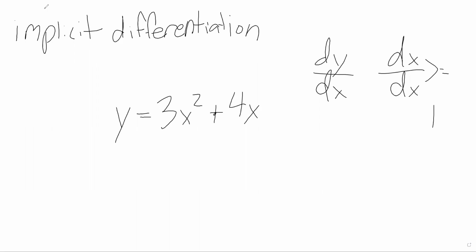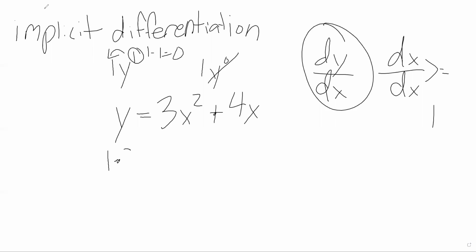It would be 1, because it's y to the first, so the 1 gets multiplied, and then 1 minus 1 equals 0. So it's 1 times y to the 0, but y to the 0 is just 1, so you end up with 1. But again, we took the derivative of a y, so we have to multiply by dy over dx.